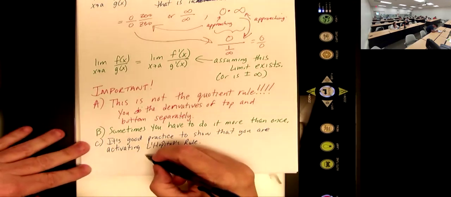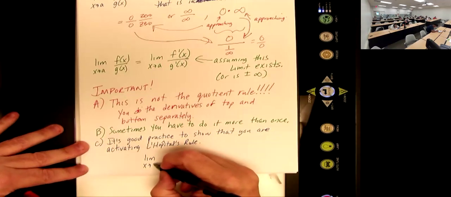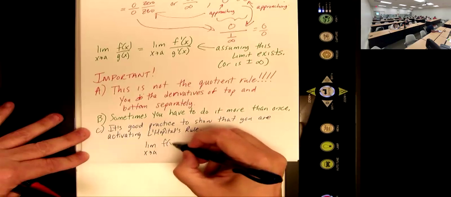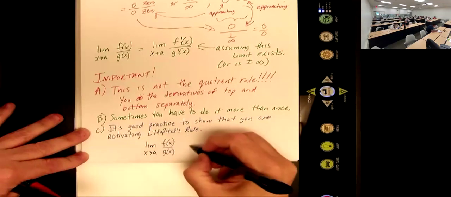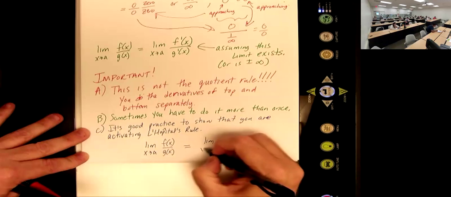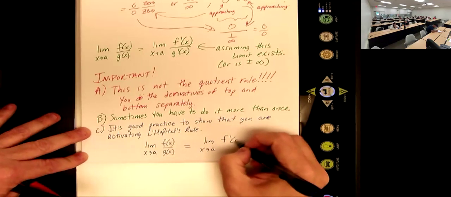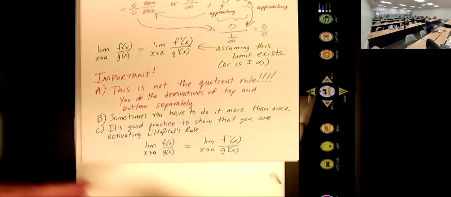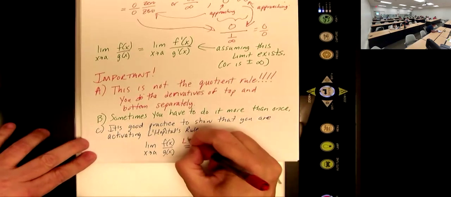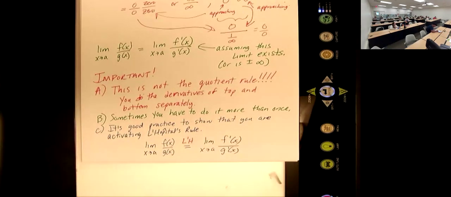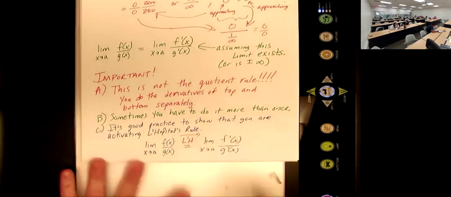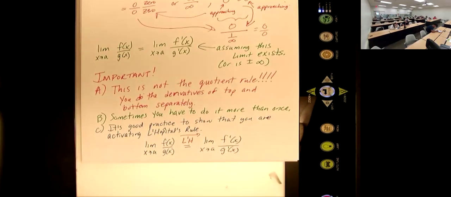An easy way of doing that is, as you do it, above the equal sign put L apostrophe H or something like that, maybe with an arrow, showing that you're doing L'Hopital's as you switch, because otherwise they look different and you might not recognize later on what you were doing.